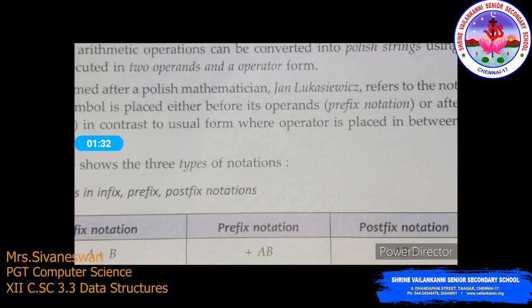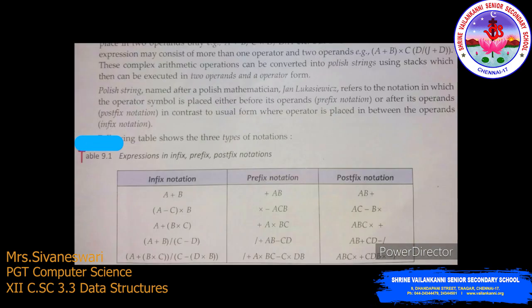When we evaluate complex arithmetic operations, the system converts them into Polish strings using stacks, and this will be executed using the two operands and one operator form. We split the Polish string, simple expressions are evaluated first, and the final result is obtained.